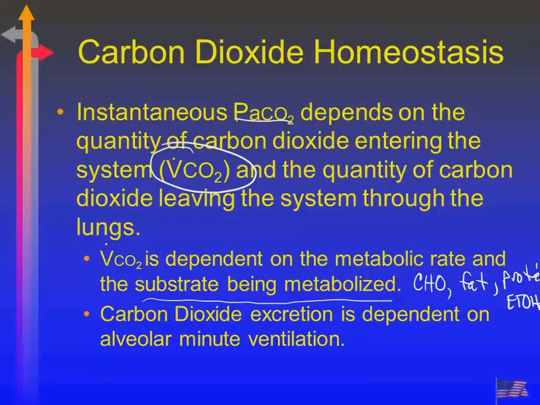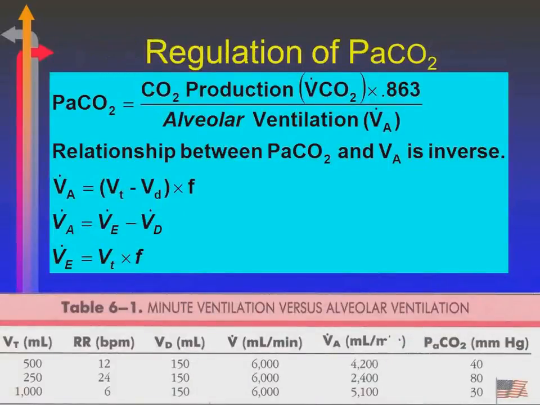And we also know the other component of that is the alveolar minute ventilation. So as alveolar minute ventilation changes, you're going to have an alteration in PaCO2 also. In fact, that's what we call the CO2 equation that you guys have seen previously and you'll become very intimate with again.